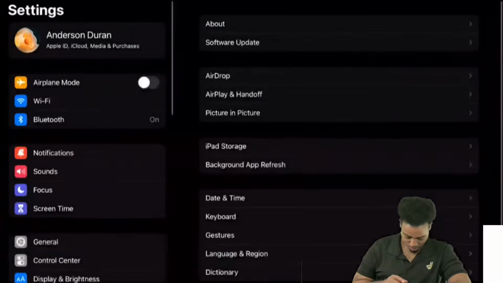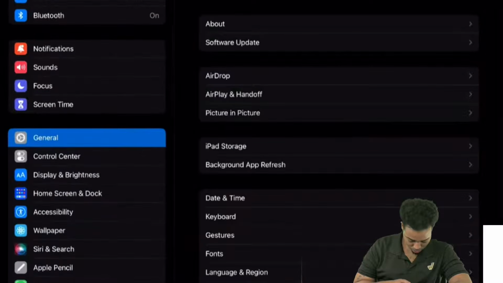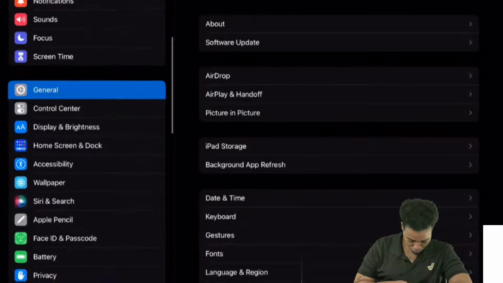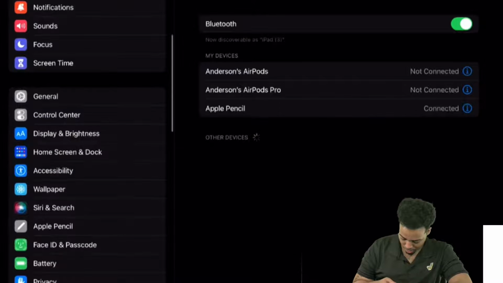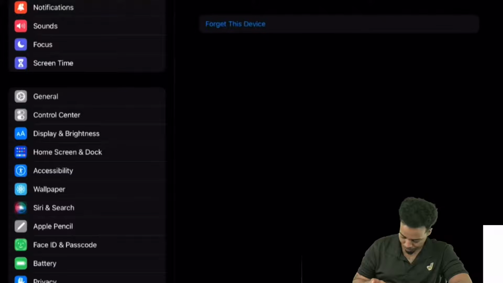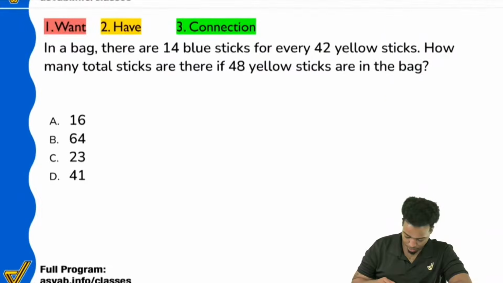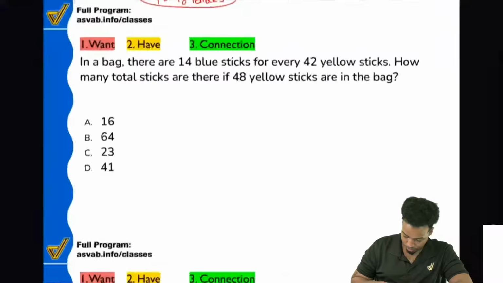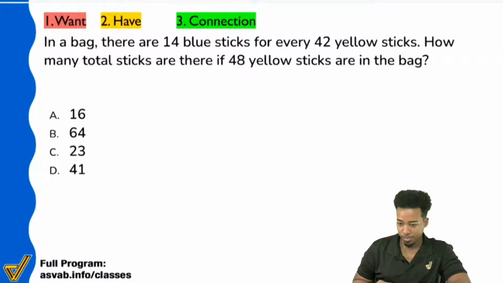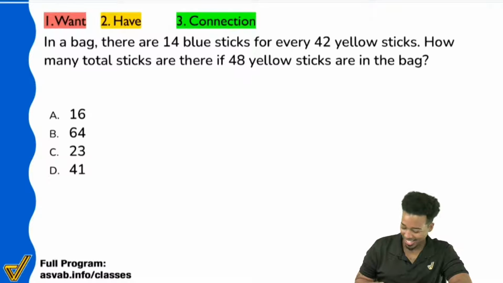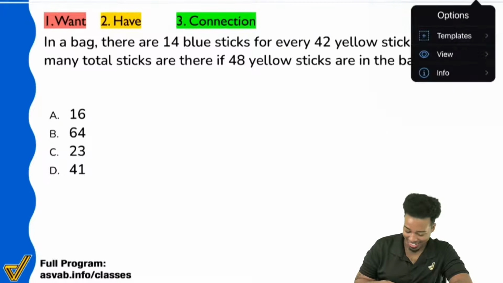So give me 2 seconds over here. Let me just go here to settings. Go over here to Bluetooth. And then we are going to forget this device and hop on over here. And let's see if this will let me do my magic. Yes, that's it. That is my Wi-Fi. That's hilarious. Yep, I know.